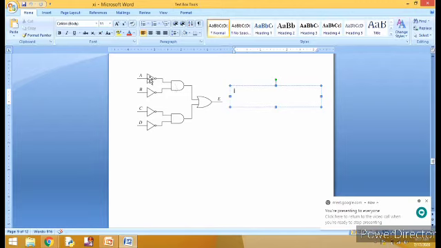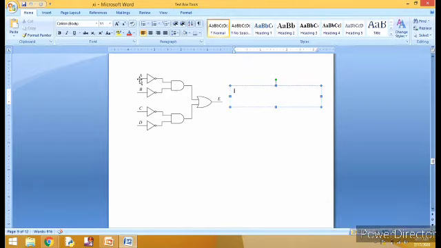So I am telling you how you are getting the answer. This is A dash and this is B dash. That means A is passed to the NOT operator and B is also passed to the NOT operator. The signals from the NOT operators are passed to this operator. What is this operator? AND operator.